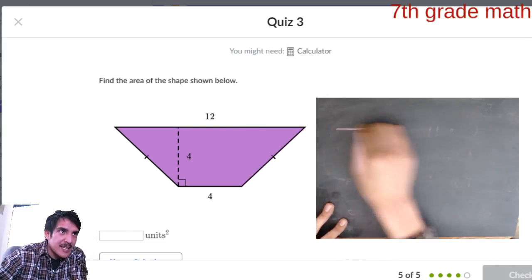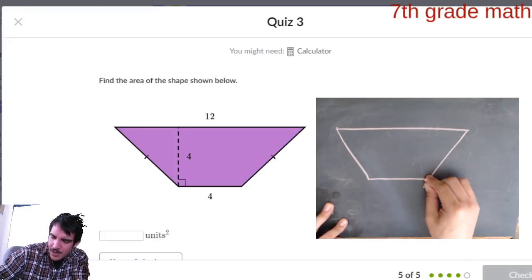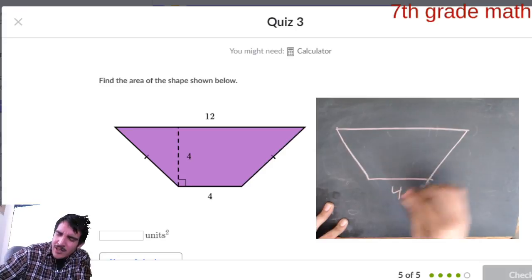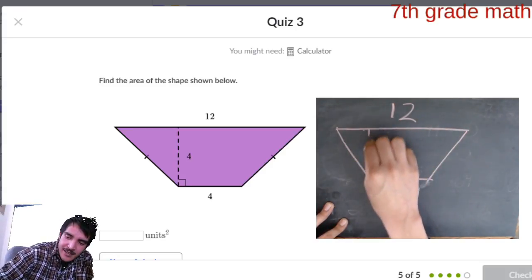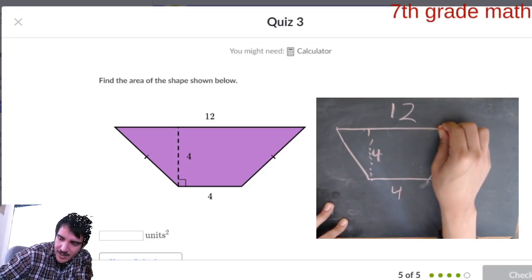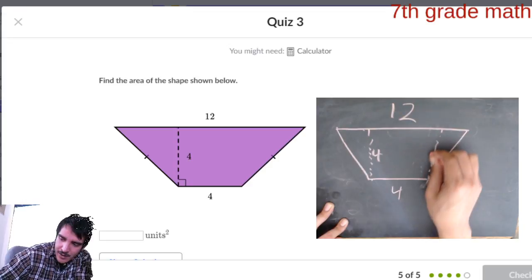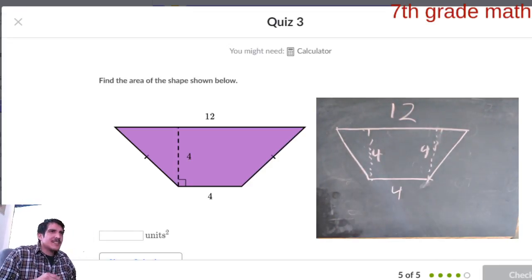We got a top side, and then diagonal, diagonal, and then the bottom side is 12, the top side is 4, and the height is 4, which means that the height over here is also 4.